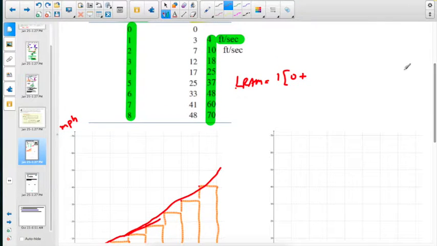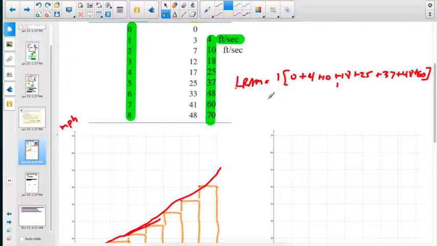So the first rectangle is 0, the second rectangle is 3, excuse me, I grabbed the wrong data. The second rectangle is 4 feet per second, plus 10, plus 18, plus 25, plus 37, plus 48, plus 60. So that is the LRAM.